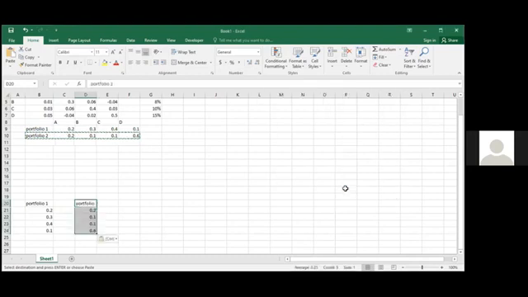Then automatically we get the column values. Now we have the portfolio proportions column-wise as well as row-wise. Return measures column-wise here.